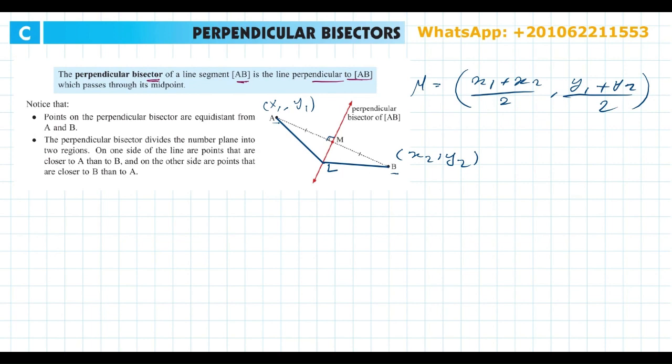After that, the perpendicular bisector divides the number plane into 2 regions. We have 2 regions, this is the first and this is the second.